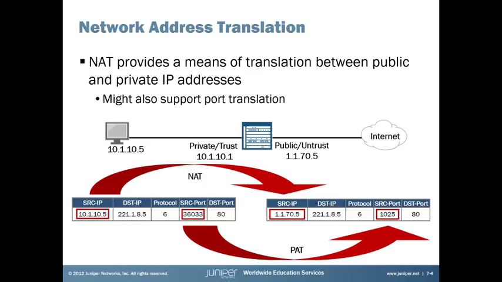It will then look at its table, and from that it will be able to derive what the original source IP address was and what the original source port was, and it will translate it back again into the original values. So the return traffic will be translated back into the original source values, except of course that the original source will become the destination on the way back, and the original source IP will become the destination IP on the way back. Okay, because obviously the return traffic has the opposite.